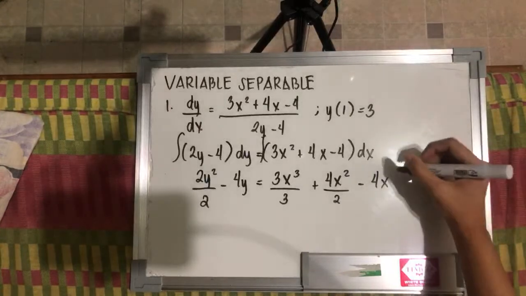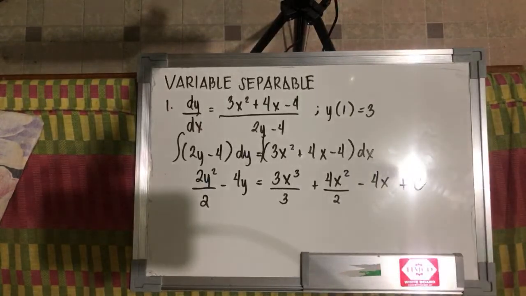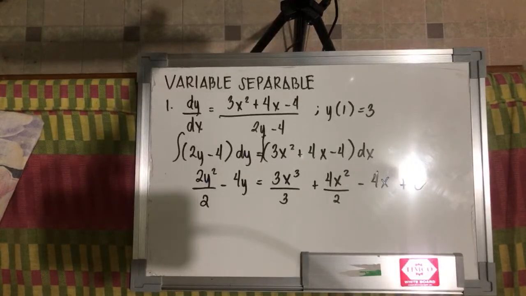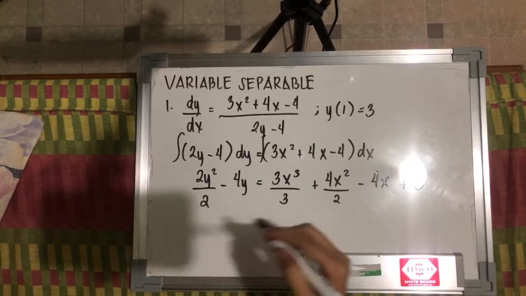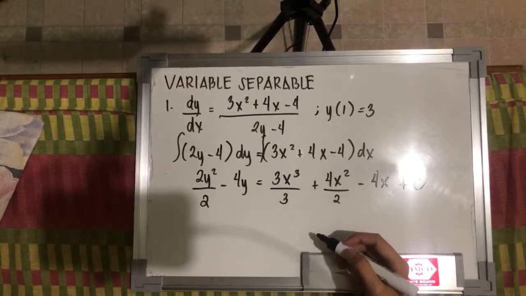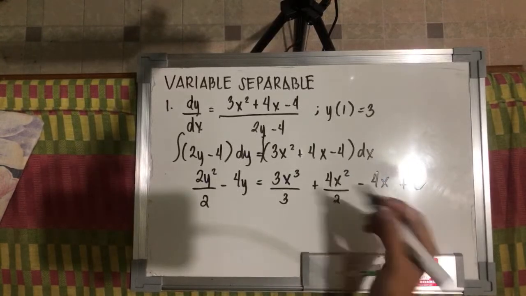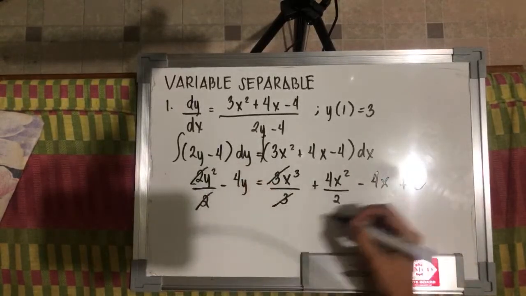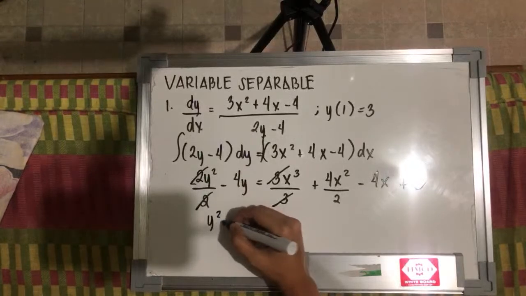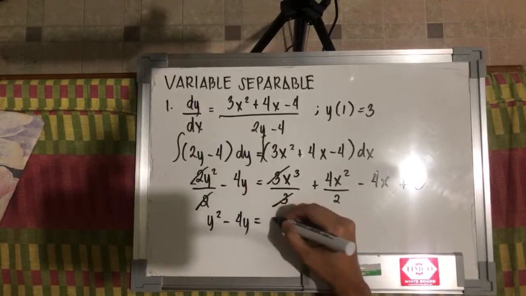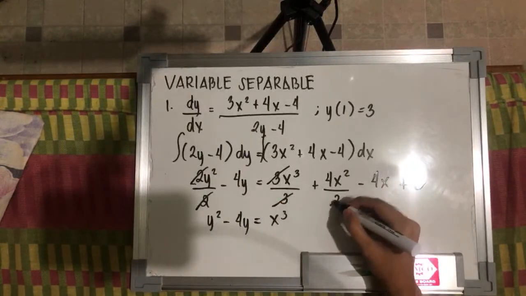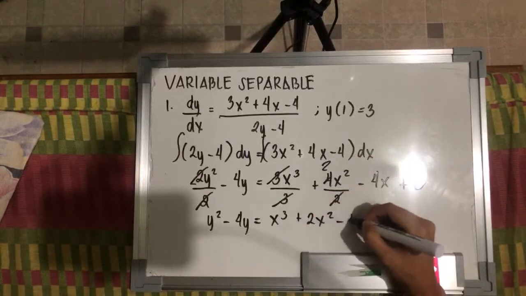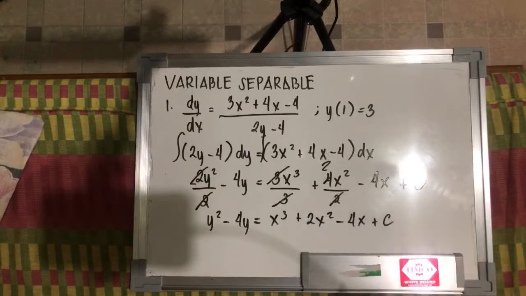And syempre, huwag natin kakalimutan yung c. So, simplify. Cancel. Magiging y squared minus 4y is equal to x cubed plus 2x squared minus 4x plus c.